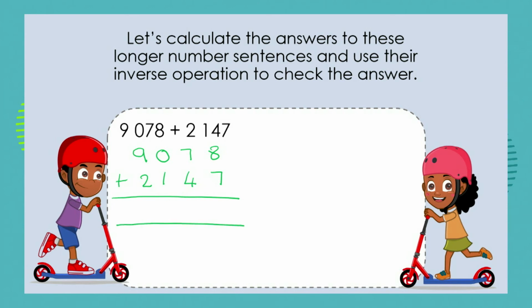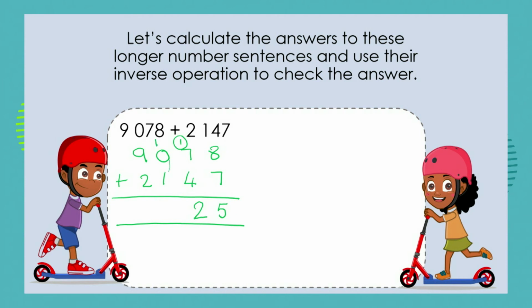Let's add these up. 8 plus 7 gives us 15, put our 5 down, carry our 1. 7 plus 4 gives us 11, remember our 1, gives us 12, put our 2 down, carry our 1.